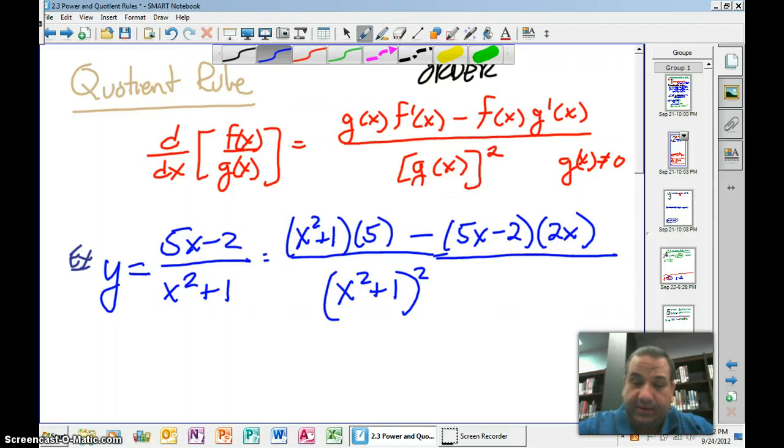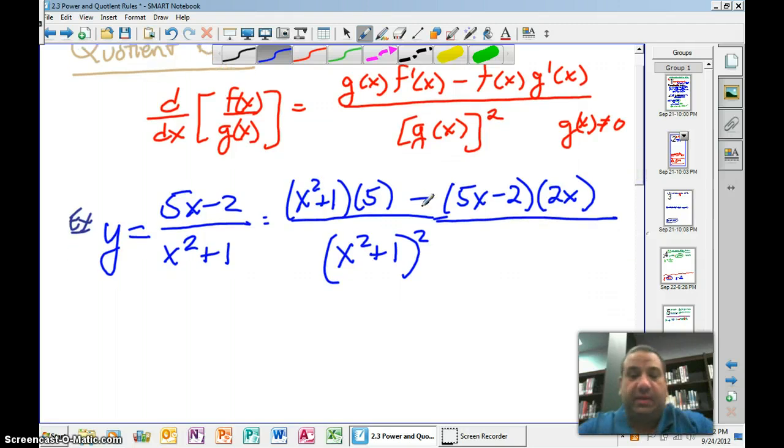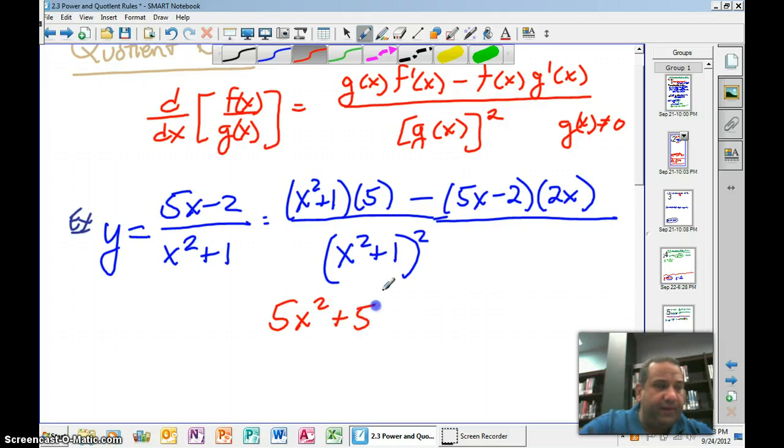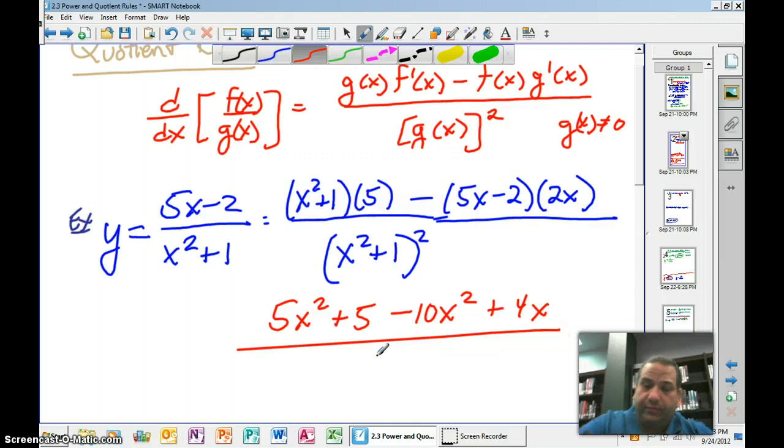So watch what happens. This minus might be the most erroneous thing that happens. That's going to be where all your errors happen. So it's going to be 5x squared plus 5, and then, ready, minus 10x squared plus 4x, all over this thing. We usually don't square the bottom out.